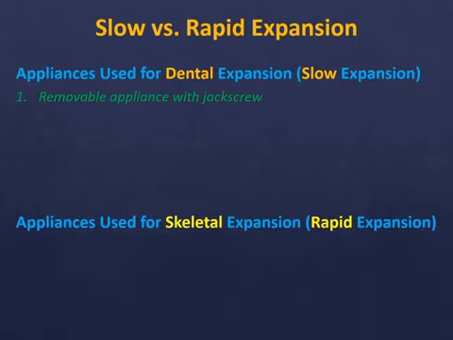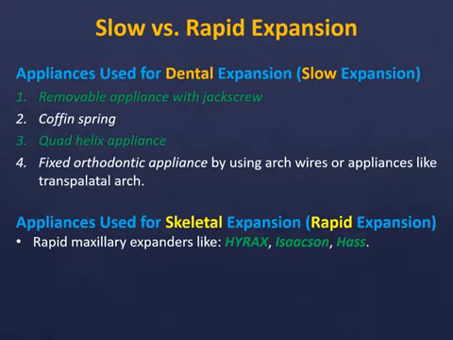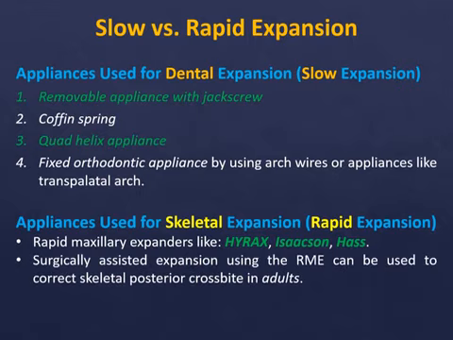For slow expansion, we have a removable appliance with jack screw or expansion screw, coffin spring, quad helix appliance, or a fixed orthodontic appliance using the arch wire or transpalatal arch. For rapid expansion, we have rapid maxillary expanders like Hyrax, Isaacson, or Haas type expanders, or surgically assisted rapid maxillary expansion that can be used to correct skeletal posterior crossbite in adults.